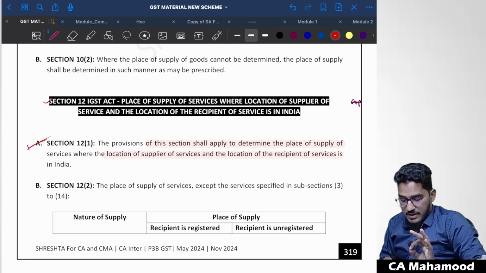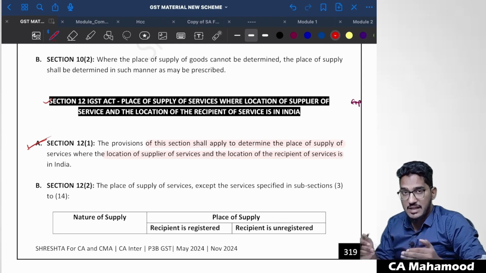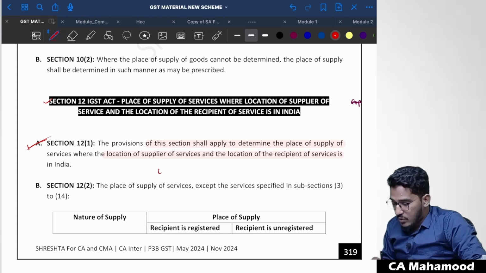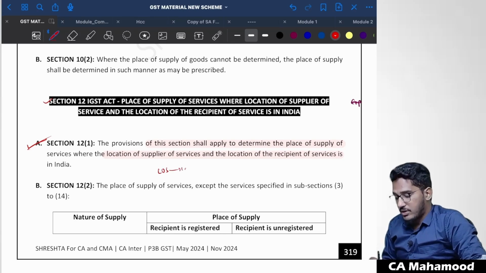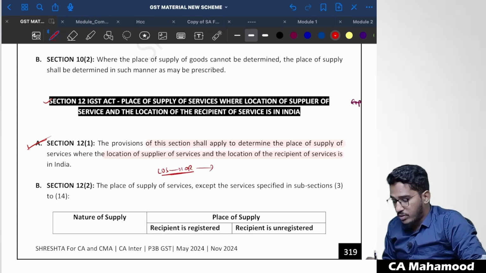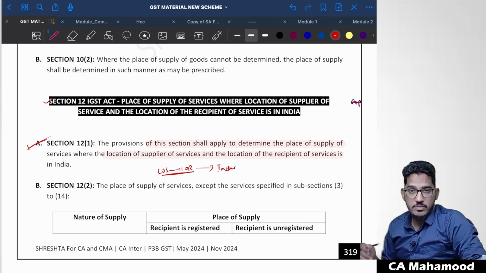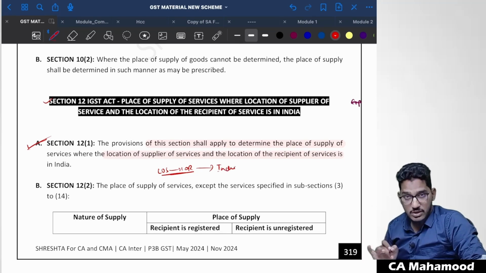This section will become applicable only when the location of the supplier and location of the recipient both are in India. That is the meaning of this section.